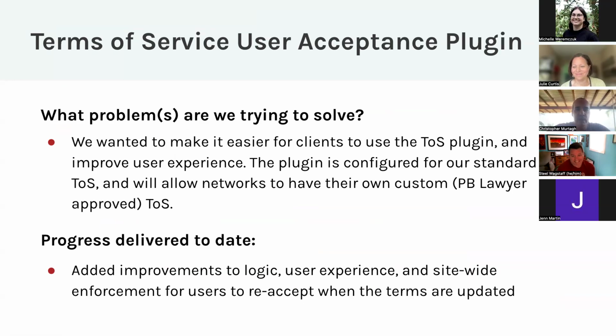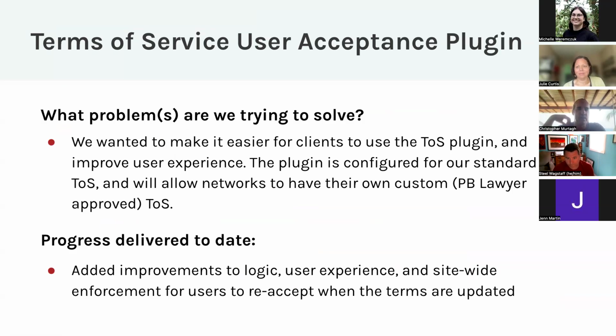So a while back, we had released a terms of service plugin. This is partially to also help encourage users to move away from self-registration and the problems that come with that. And we have made some enhancements to this plugin to allow it to be a little bit easier for networks to request to have a different terms of service. Right now, there's a default one.